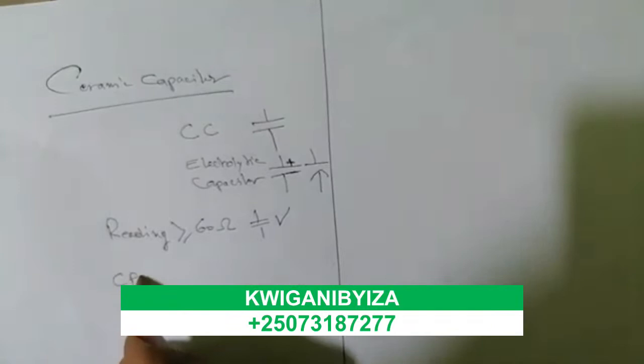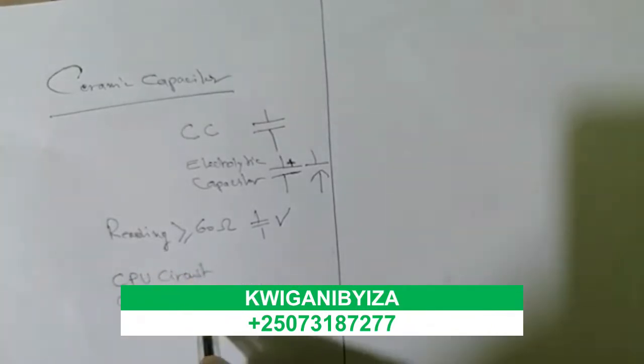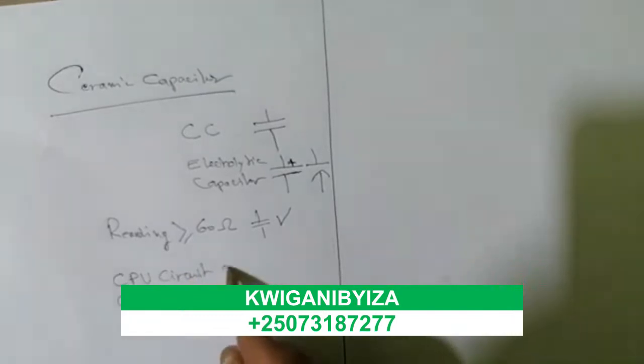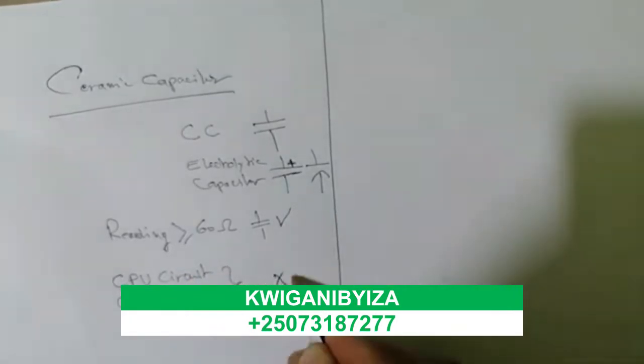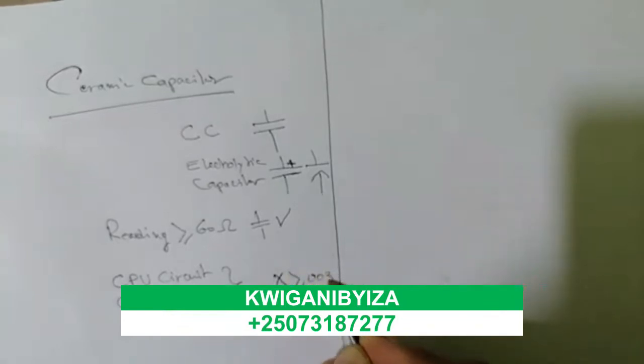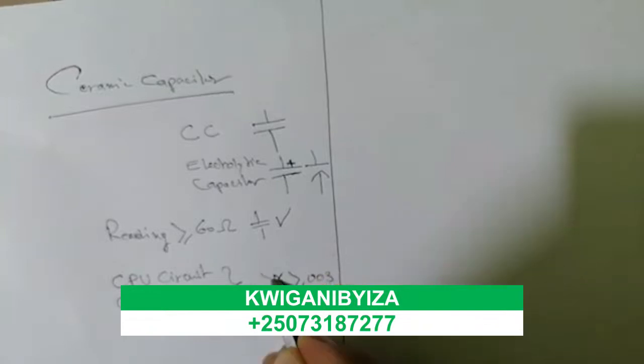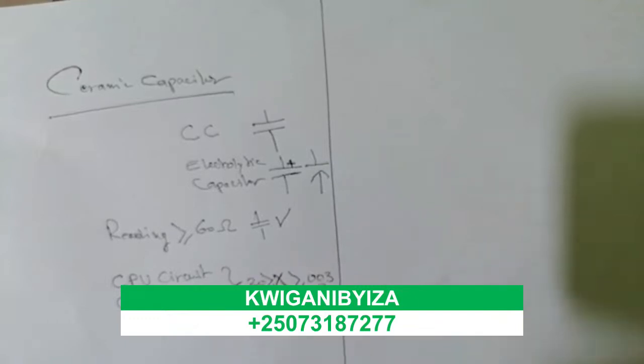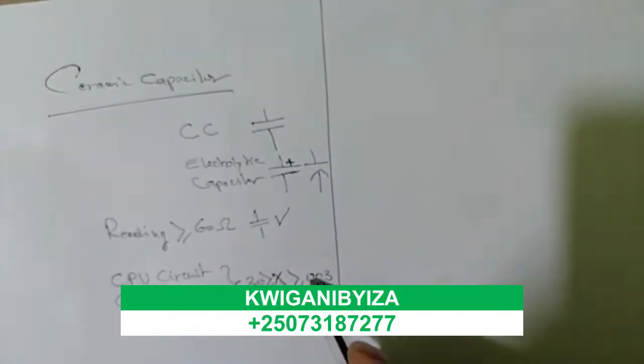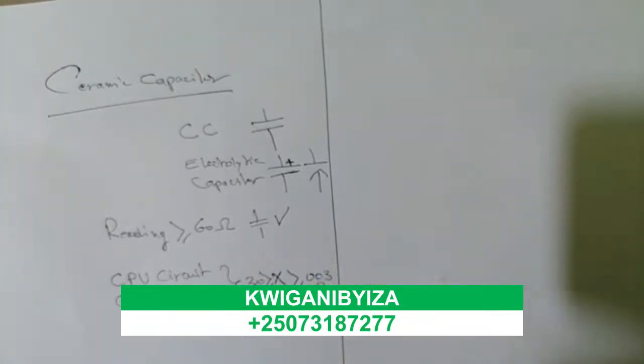But in the CPU circuit, as you can see, you can find the value is greater or equal to 003, and 30 ohm. So if you find 003 or 004 or even sometimes 002, it's okay, it's not a short circuit.